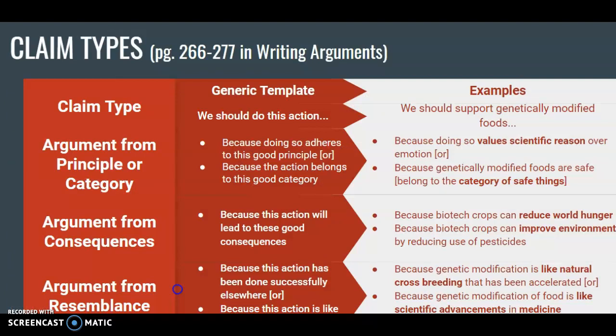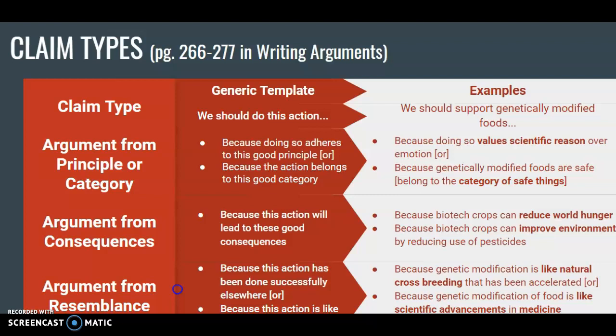Now with claim types, you are looking at why should we do this action? So you kind of break things down into three parts, and this is by using the claim type strategy.